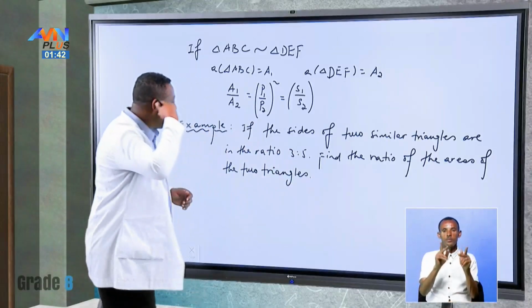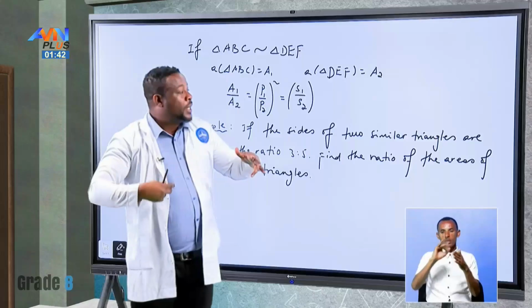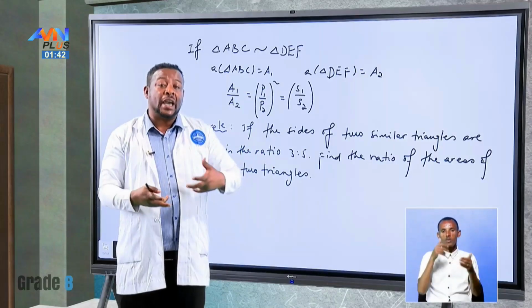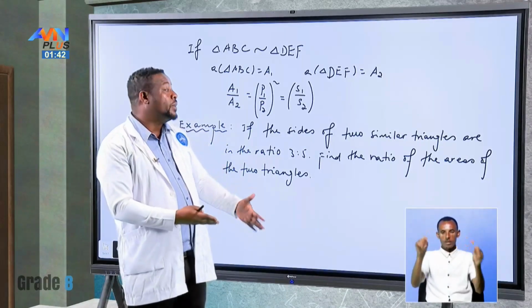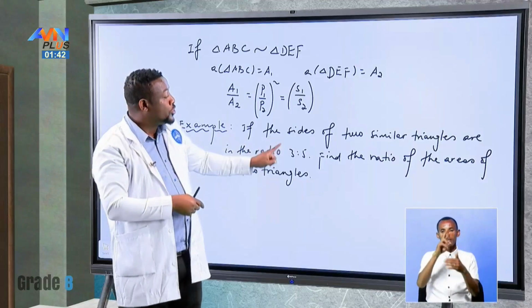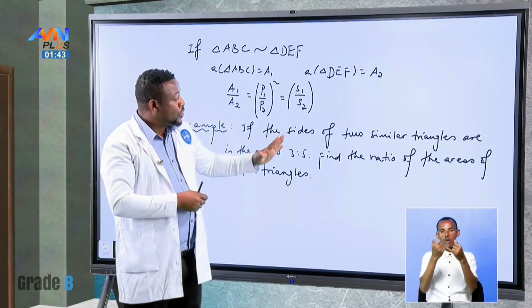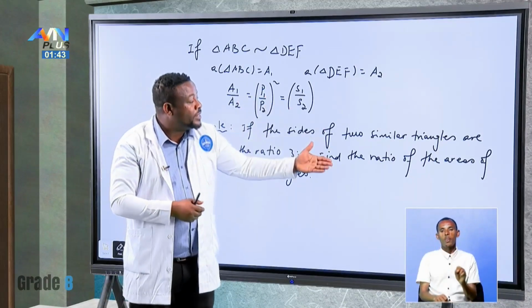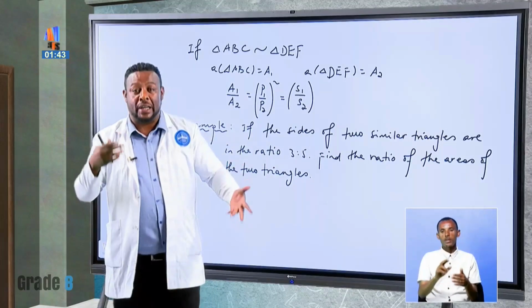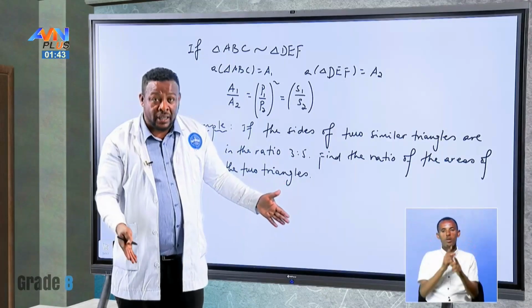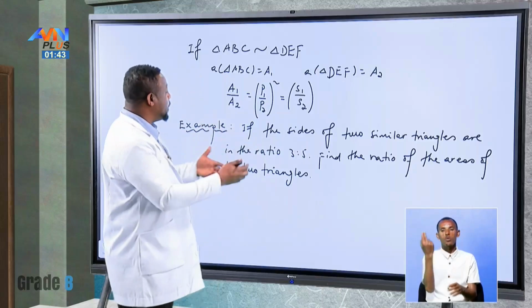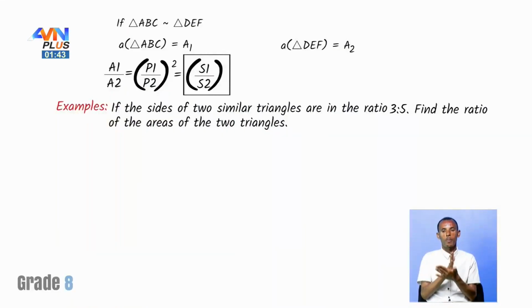Okay, here what is given? The ratio of the corresponding sides of two similar triangles is 3:5. So what is the ratio of the areas of the two triangles? To answer this, you need to apply the relationship between the ratio of the areas and the ratio of the sides squared.